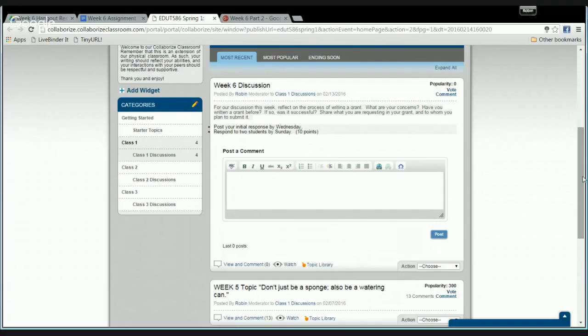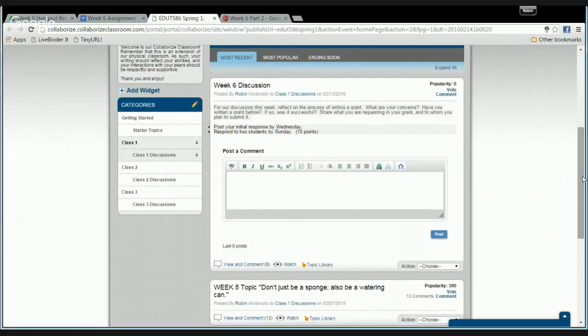I mentioned before that grant writing is considered technical writing. It's not the same as writing a story. And a lot of times, the first time people write a grant, they have a very difficult time separating the creative writer in them from the technical writer.